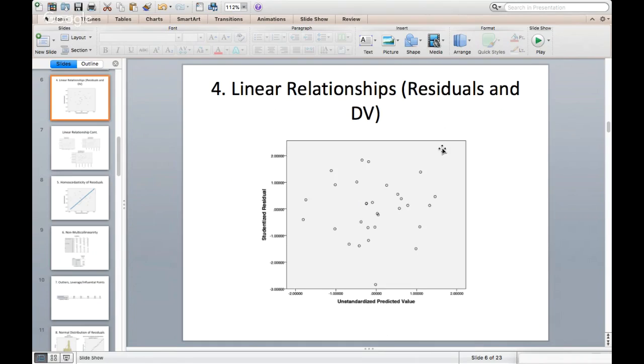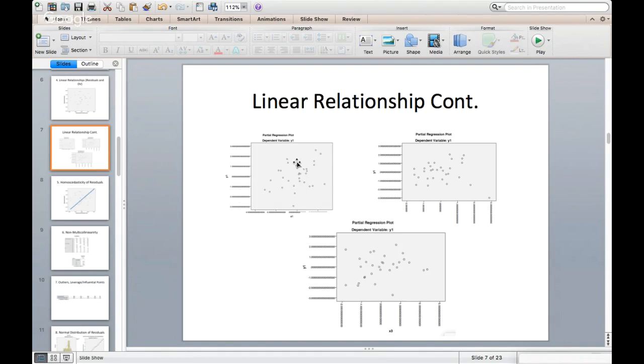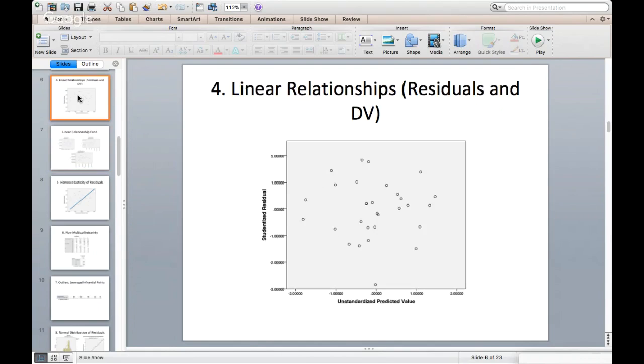It seems pretty good, but I would be wary about maybe these right here and these two values because they seem like they're related, which we don't want. Then we look at the partial correlations, and individually you can see that they're slightly problematic in all of them. So assumption 4 may have been violated.